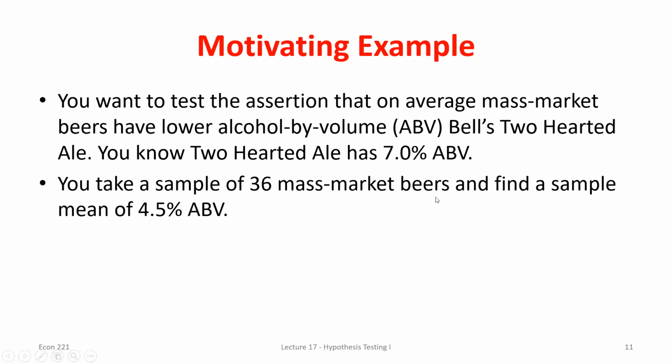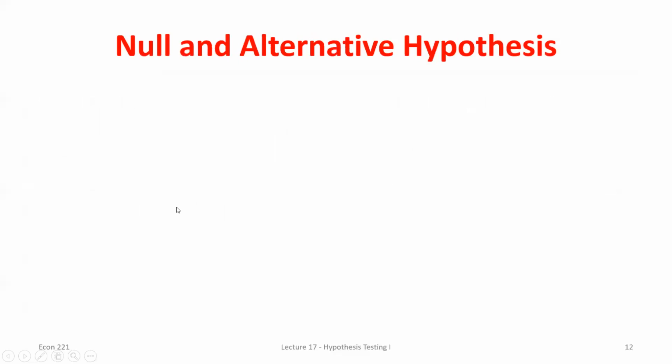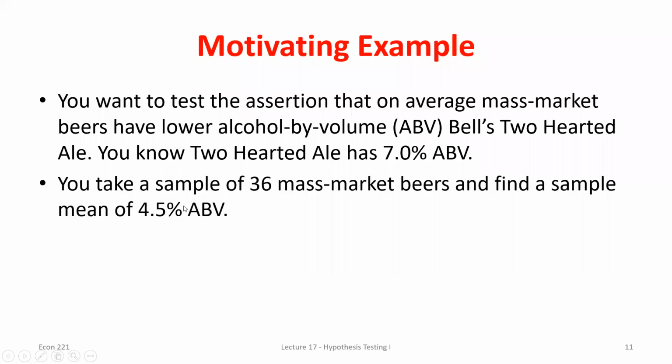I was assuming it was greater than or equal to 7%, I stacked the deck against myself, but I saw 4.5%. Well, that's definitely not greater than 7. So this is evidence that goes against the null hypothesis being true. Is it strong enough evidence to be able to reject what I assume to be true?